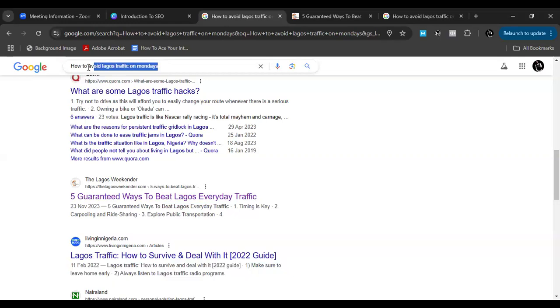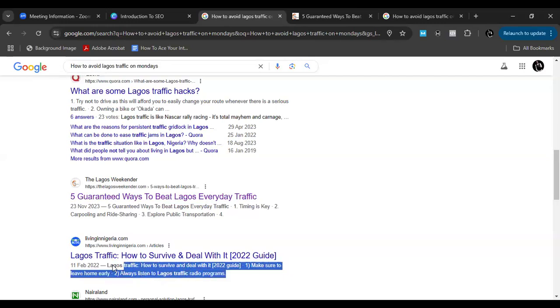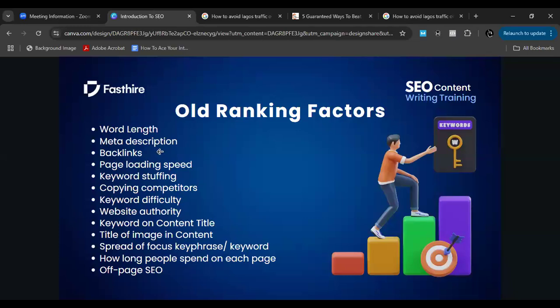So remember that this is the search phrase, how to avoid Lagos traffic on Mondays. If your meta description has the keywords, which is a combination of Lagos traffic and Mondays, it means it's relevant. So you can see that this meta description being relevant to the search is part of the reasons that made this content rank. I hope I'm communicating. So that's for meta description.